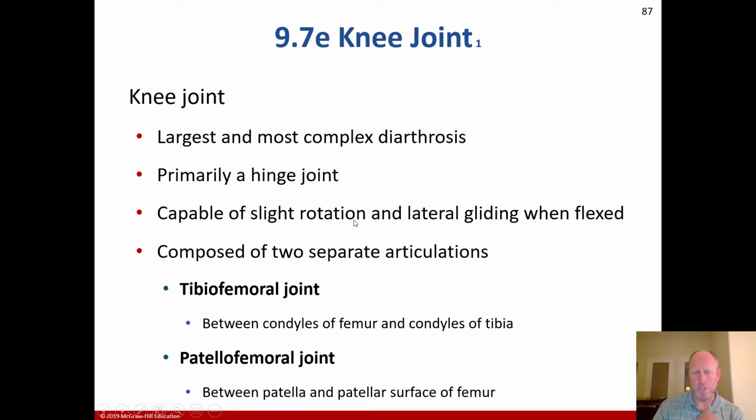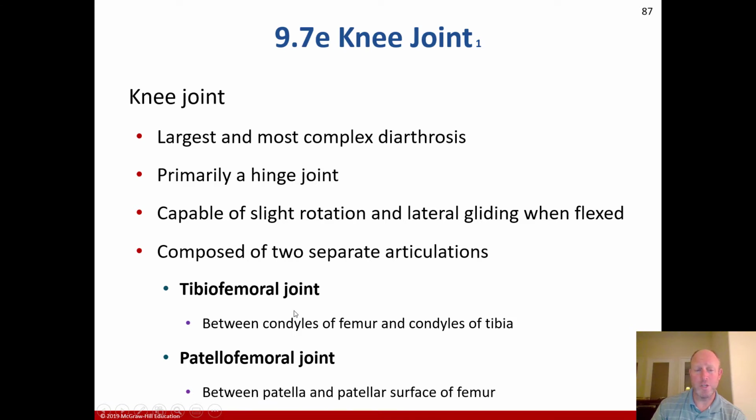It's capable of extremely slight rotation and a little bit of lateral gliding when flexed, but generally speaking, it's really just flexion and extension at the knee. To call it multiplanar would be a little bit liberal. It's pretty much a sagittal plane joint, with the ligaments keeping it from moving outside that basic sagittal plane motion.